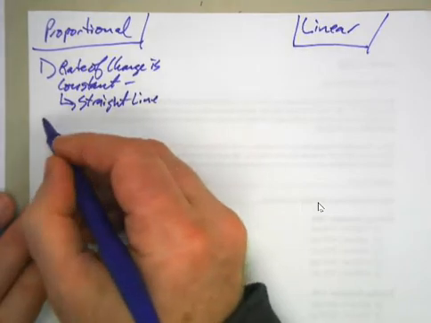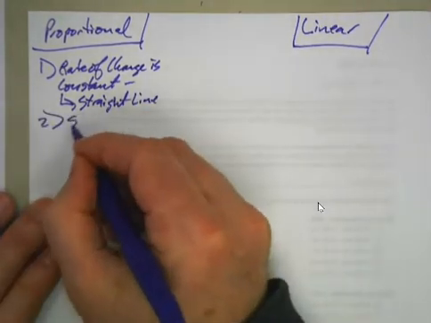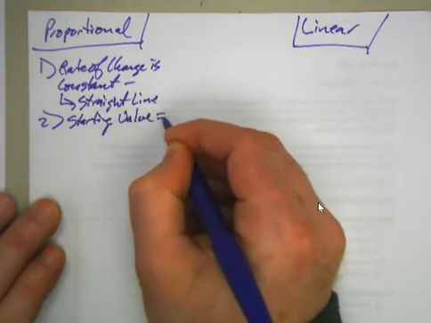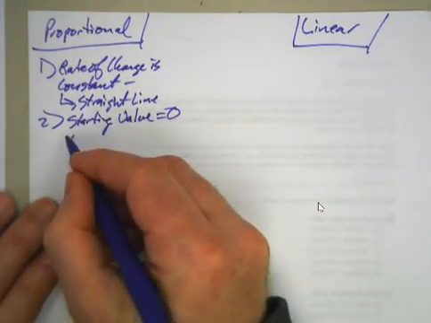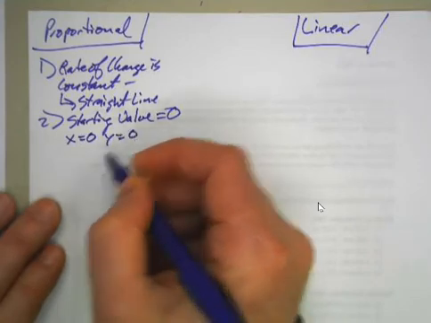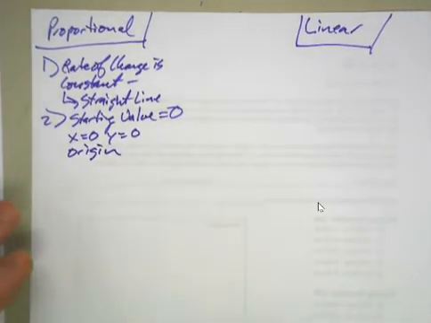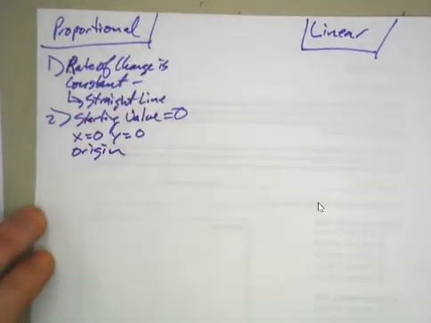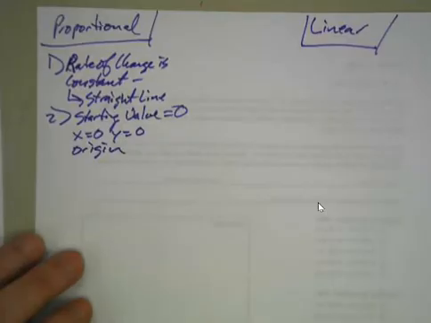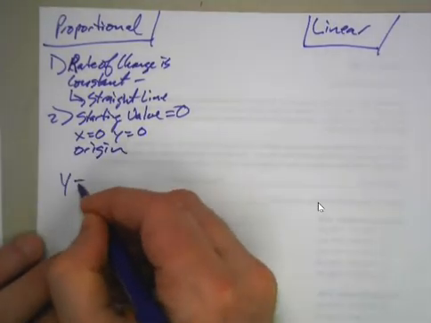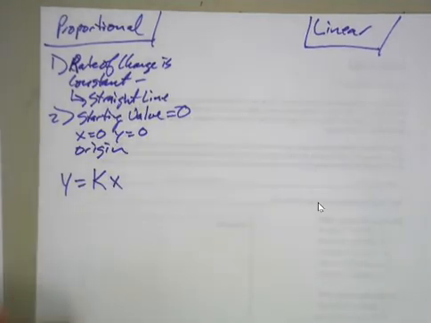And the second condition is that your starting value equals 0. In other words, when x is 0, y equals 0, and it goes through the origin. These are the two conditions. Your rate of change is constant, and your starting value is 0. And you write this equation like so, y equals kx.